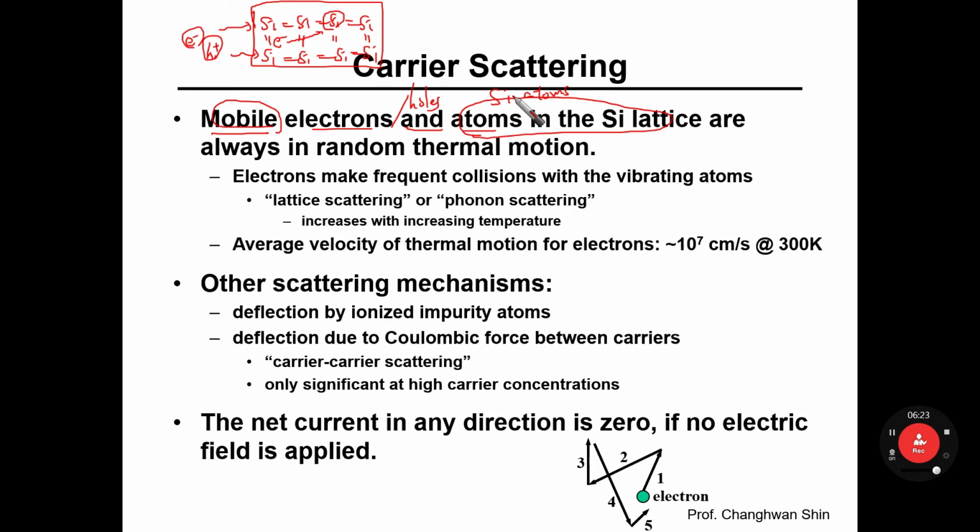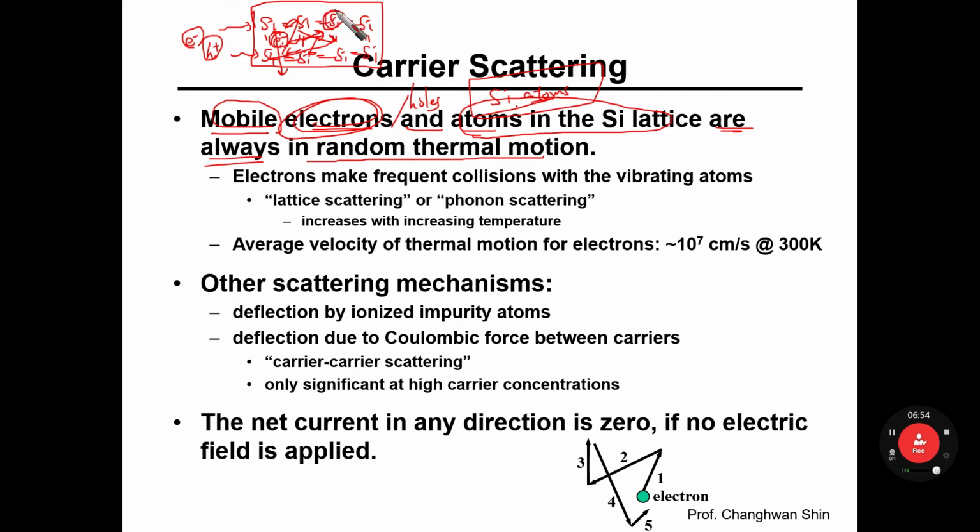So silicon atoms and electrons are always in random thermal motion, which means this electron is moving randomly. It is moving right, left, upward, downward. We have no idea what the next action is. We can say that the electron is randomly moving.